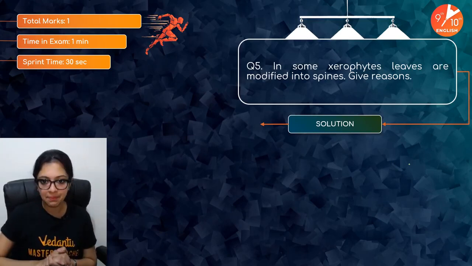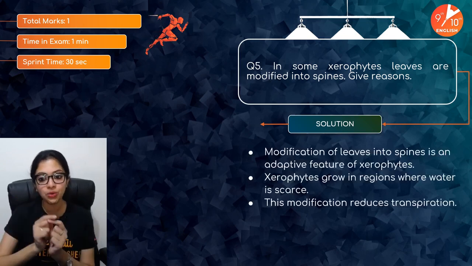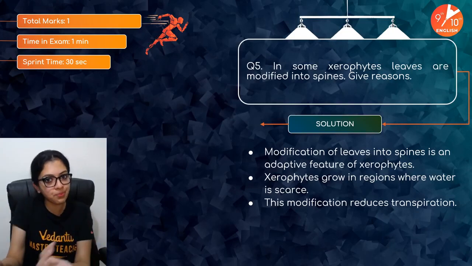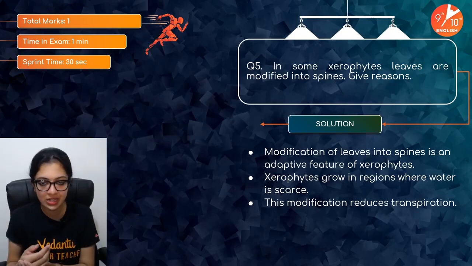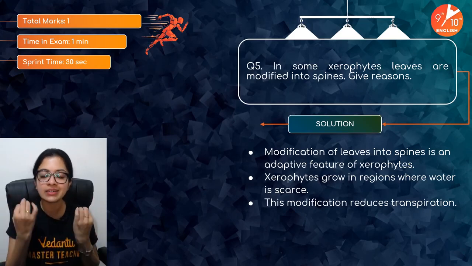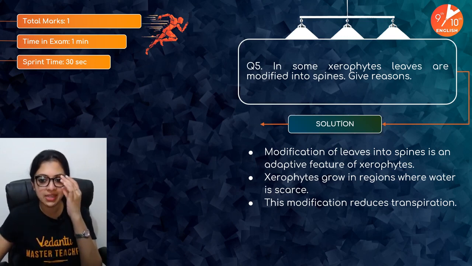many other xerophytic plants have leaves which are modified into spines so that surface area that could be exposed to the scope of transpiration would be reduced, right? This is exactly the reason. The pinpoint reason is right there. So children, the major pointers are right here for you.